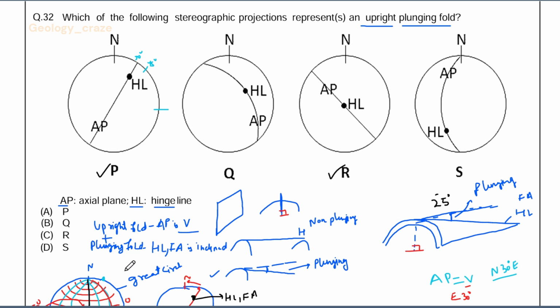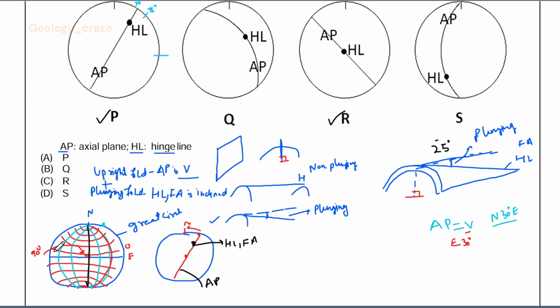Now for a plunging fold, the line should not be at 0 degree. That point, the hinge line point, should not be at the circle, because at the circle it is 0. At 0 we call it non-plunging.